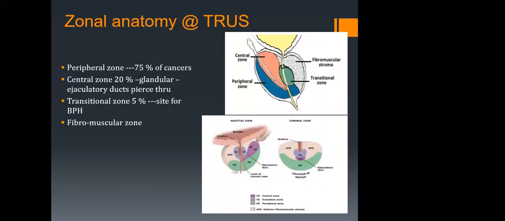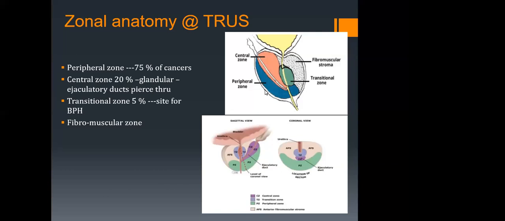Now, when you do transabdominal, basically you look at the capsule of the prostate and the general parenchyma of the prostate. But when you do transrectal, the parenchyma you see on transabdominal can be split into different zones.